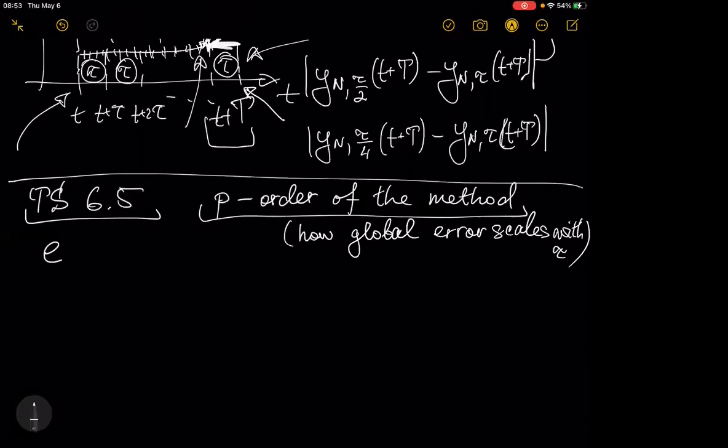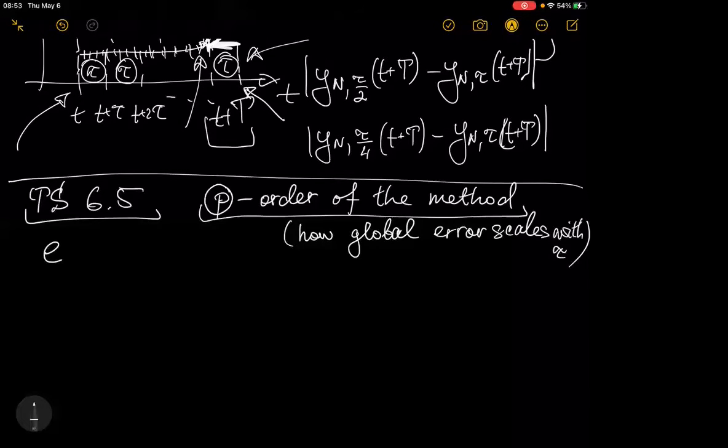So what can you tell me about the local error? If P is the order of the method, how would the local error on one step scale, with what power of tau? The local error will scale with tau to the power of P.